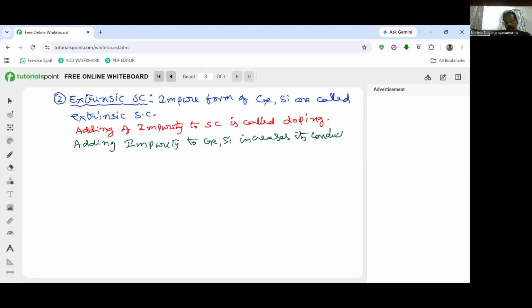Very, very important. That's why you have to dope. So adding of impurity to a semiconductor is called doping. Adding of impurity increases the conductivity. Very, very important.